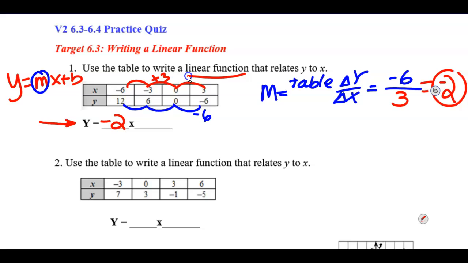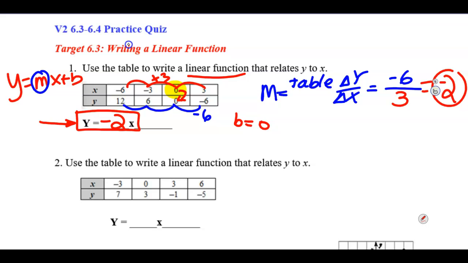For this one, remember to find our b, we look at when x is 0. The number that is across from it in the y column is our b. So this is actually already done because we don't write plus 0. Our b is actually 0 because the ordered pair is 0, 0. So we are done. There is no b, and we do not have to write plus 0.